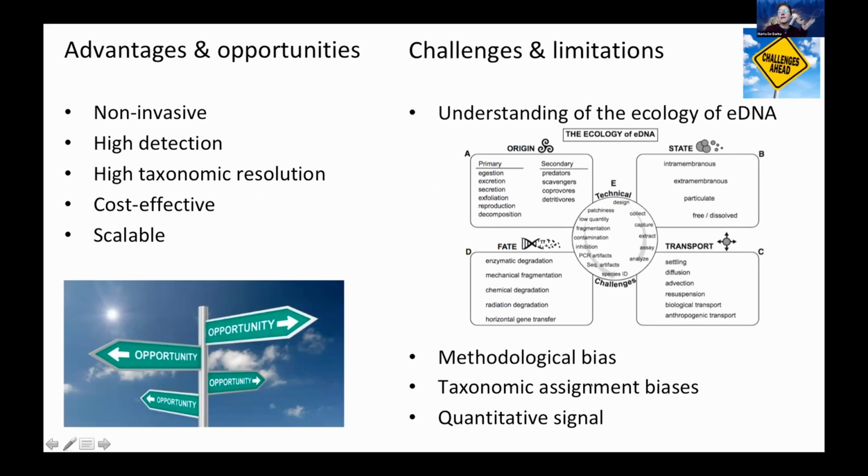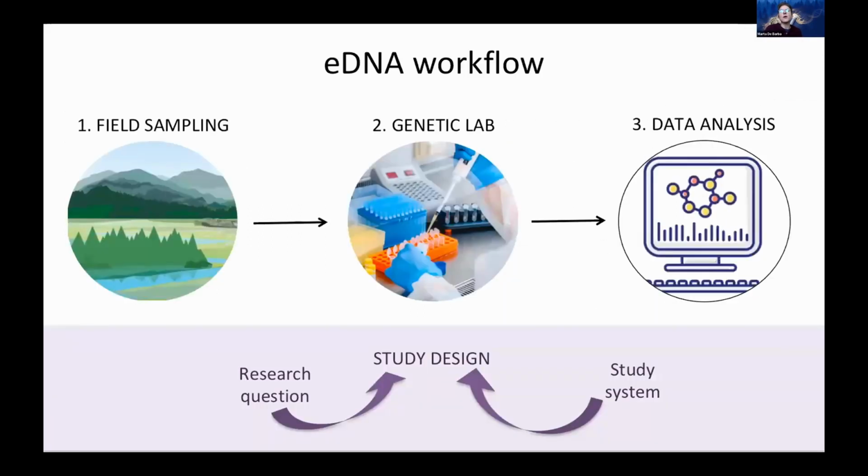The good news is that we are already learning a lot on how to deal with these biases, and maybe these limitations, or at least part of them, may be overcome as we progress in our learning. And the important thing is to take account of these possible biases throughout the entire eDNA workflow through careful study design.